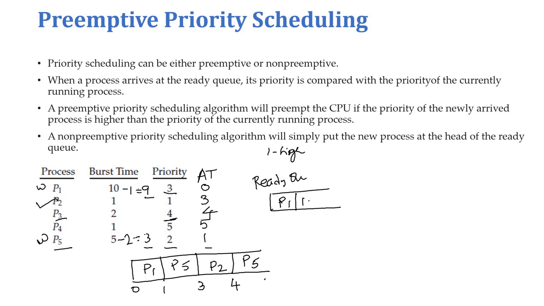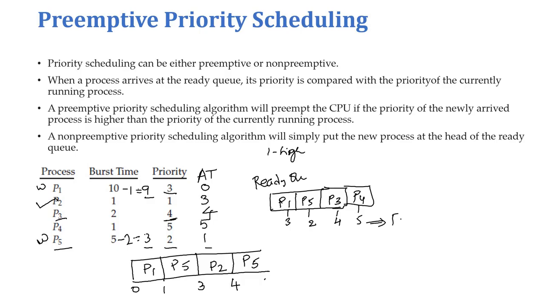P2 has completed. P3 arrived with priority 4, P1 has priority 3, and P5 has priority 2. P3 is compared with P5, so P5 continues executing. After 1 millisecond, one more process arrives, P4, with priority 5.